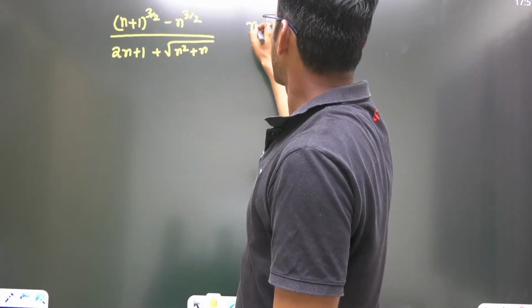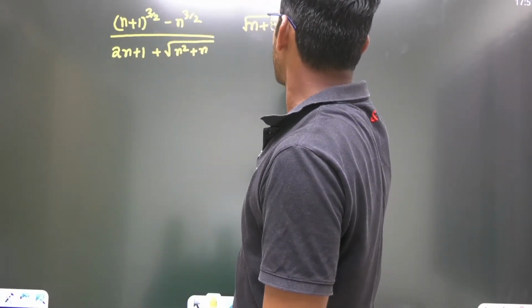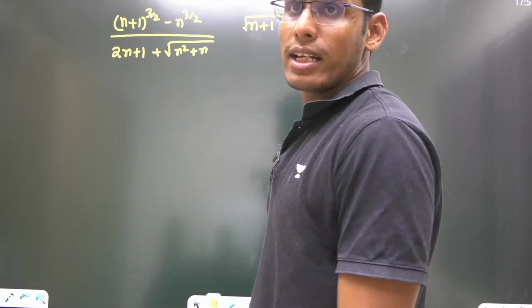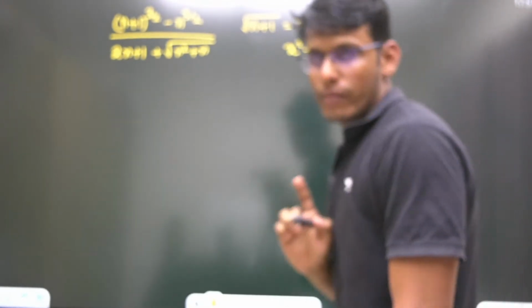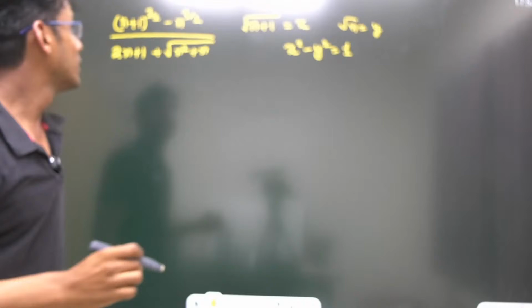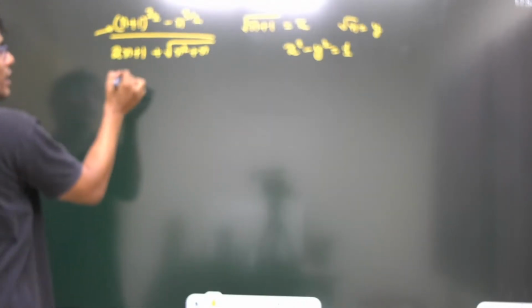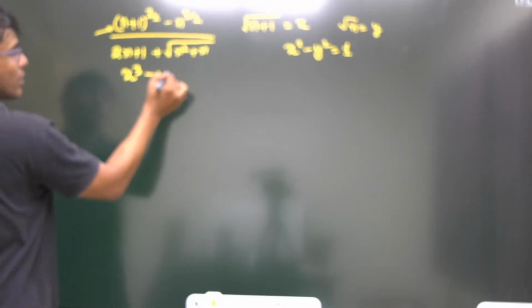So we have square root of n plus 1, let me write it as x, and square root of n, let me write it as y. So my x square minus y square is 1. But here we have x cube minus y cube.